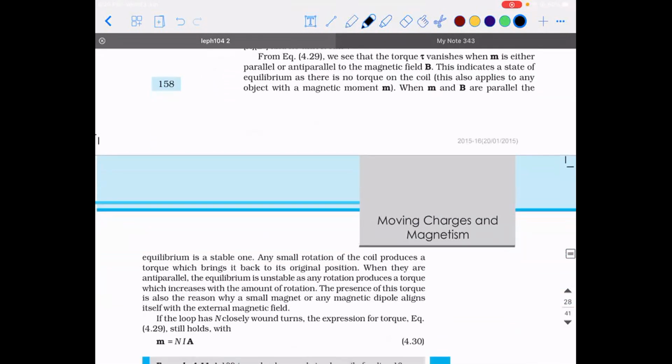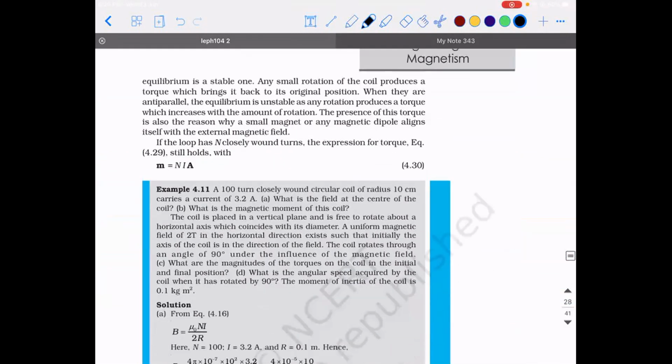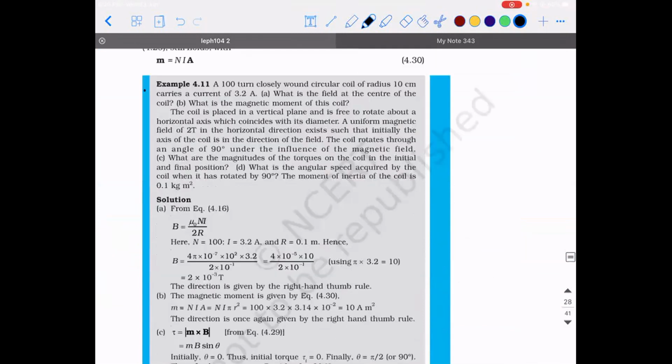Okay. So keeping all these points in mind, let's try out the problem. There is a 100-turn closely wound circular coil of radius 10 centimeter that carries a current of 3.2 ampere. So write down: capital N is 100, radius is 10 into 10 power minus 2 meter, current is 3.2 ampere.